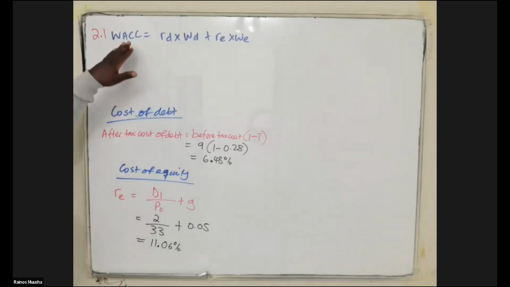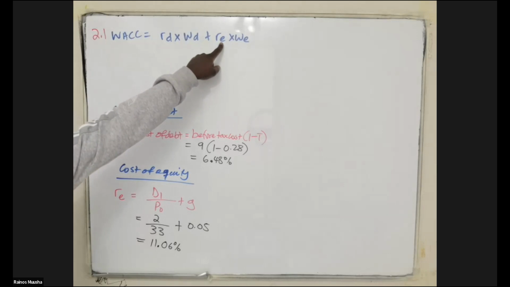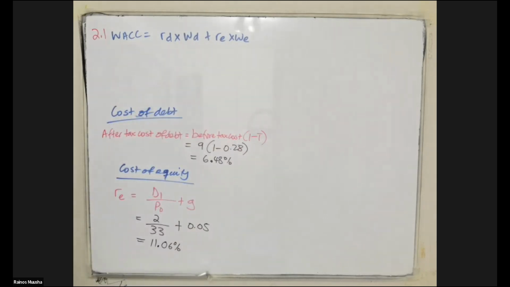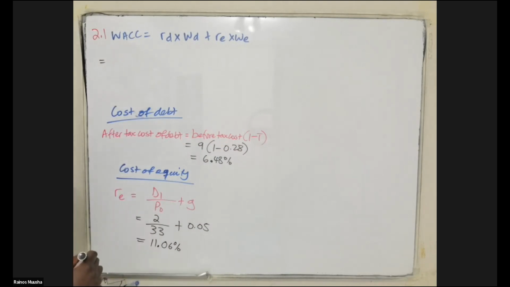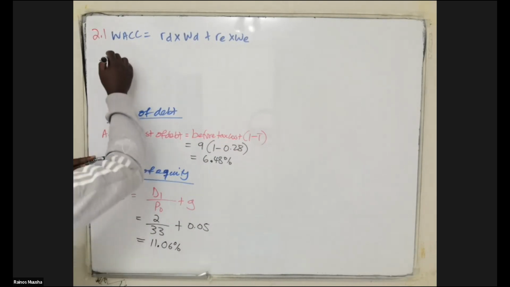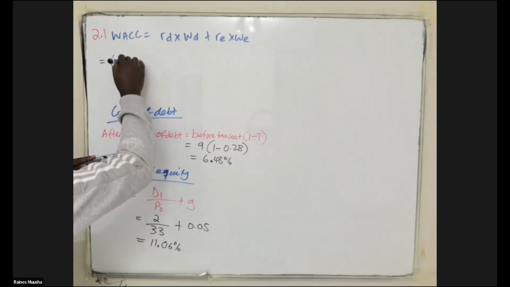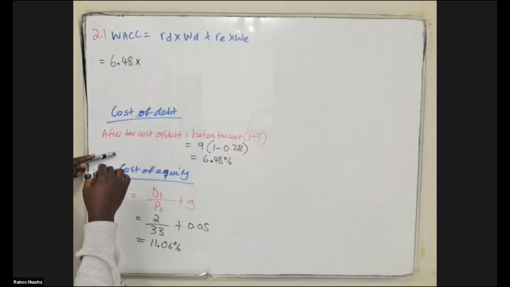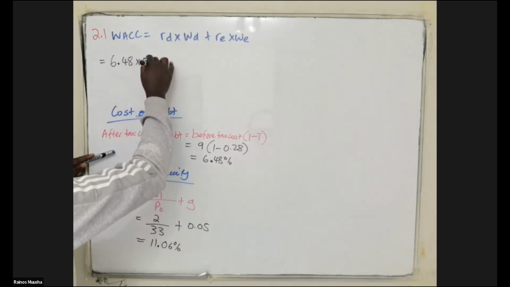To calculate the weighted average cost of capital, we have now managed to get the after-tax cost of debt and the cost of equity. We are already given the weights, so we can calculate the weighted average cost of capital in this case. It would mean our weighted average cost of capital is equal to our cost of debt, which is 6.48%, multiplied by the weight of debt, where debt carries a weight of 40%, which is 0.4 as a decimal.